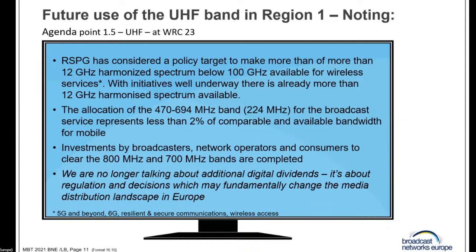And when you look at the initiatives already underway, there is more than 12 gigahertz of spectrum available for mobile services. And if we look at the allocation of the 470 to 694, the 224 megahertz, the broadcast services represent less than 2% of comparable and available bandwidth for mobile. So we're not using much, but of course, these particular frequencies are quite attractive.